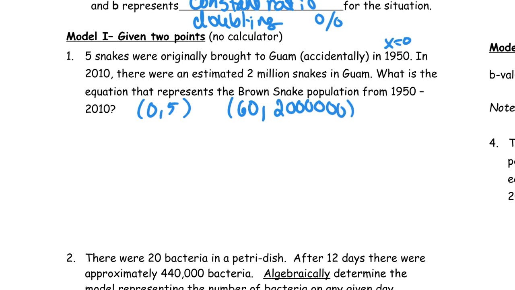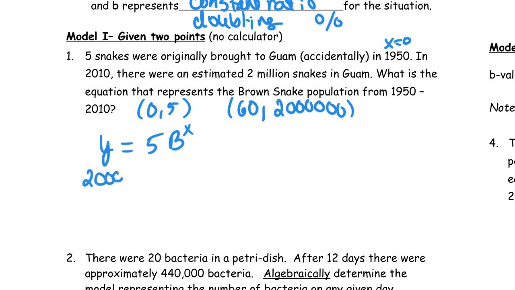Bless you. Now they just want us to find the equation for this. So we know the A value, right? 60. Okay, so now what do we do to find our equation? Because we got to find the B value, right?